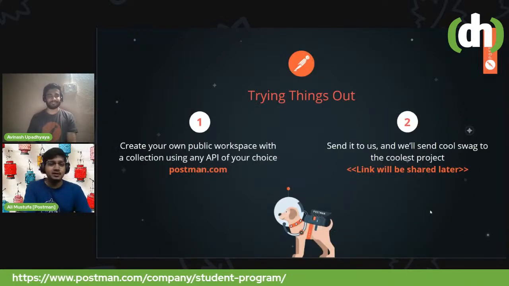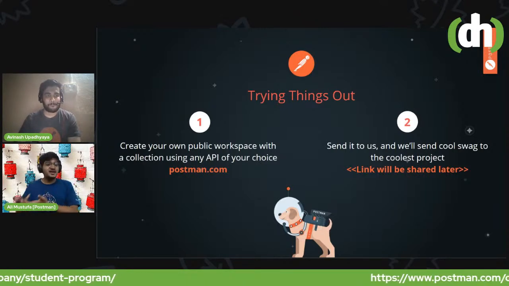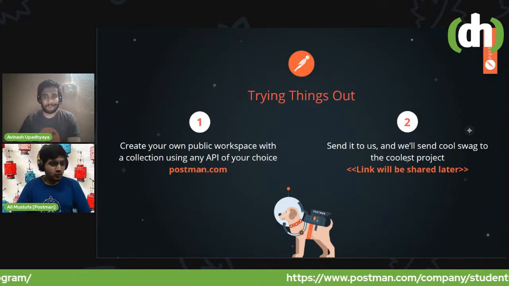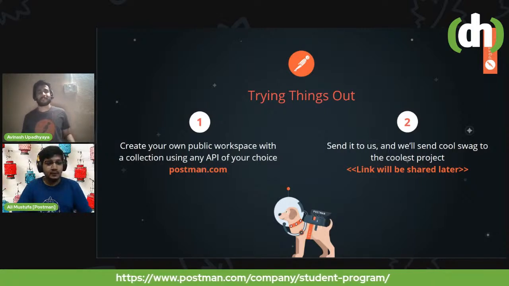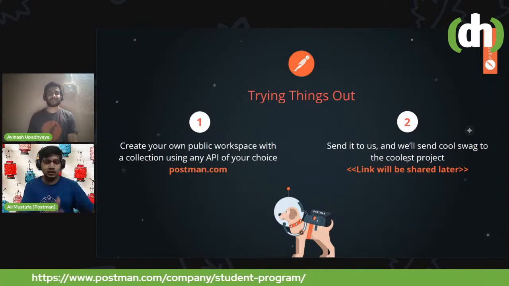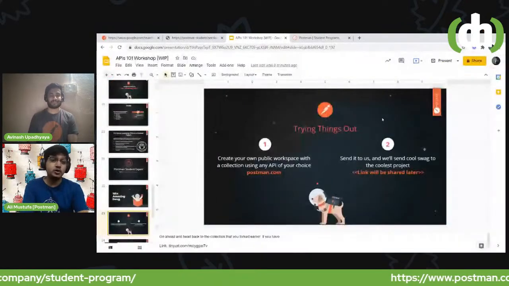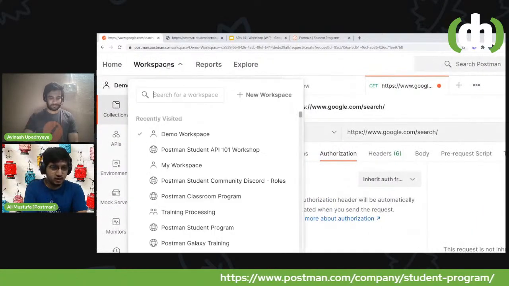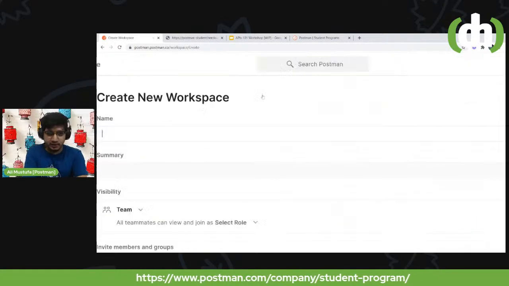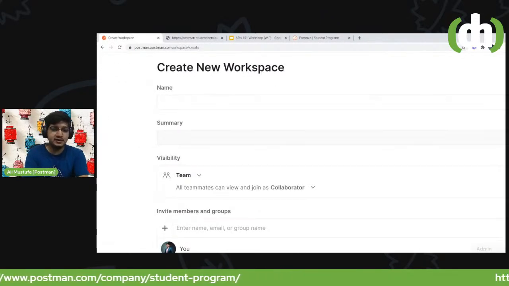We have two challenges for you to accomplish and win a swag. The very first one is to make a public workspace of your favorite API. What is a public workspace? A public workspace is a resource which can be used by literally anyone out there. Let me show you a quick example. Here you can see we have different types of workspaces. If you click on a new workspace, let me name this, my favorite is NASA API.